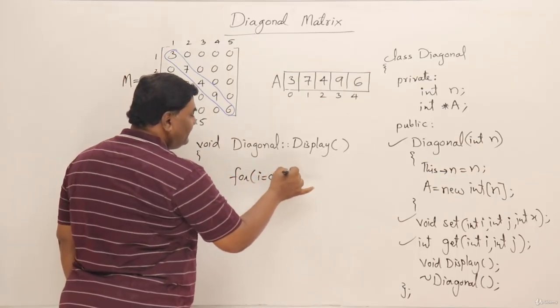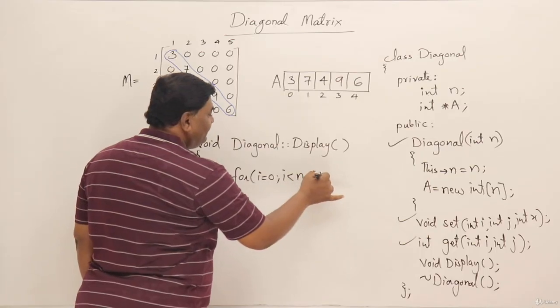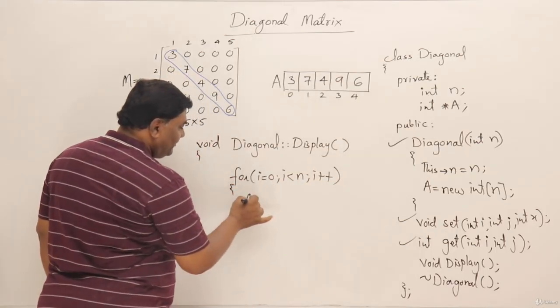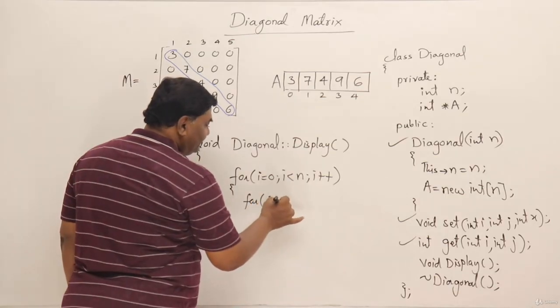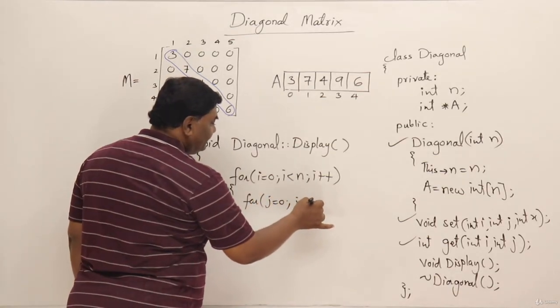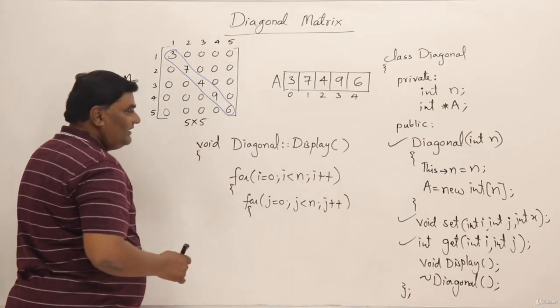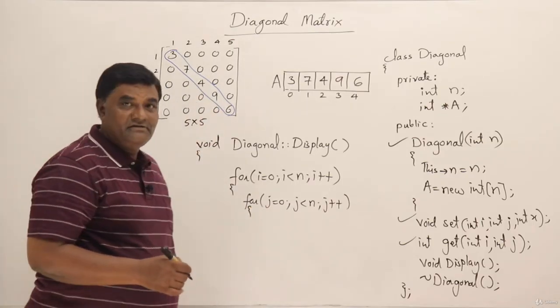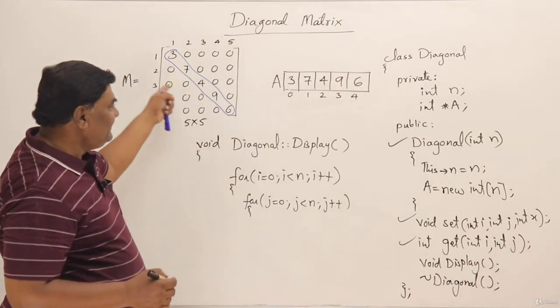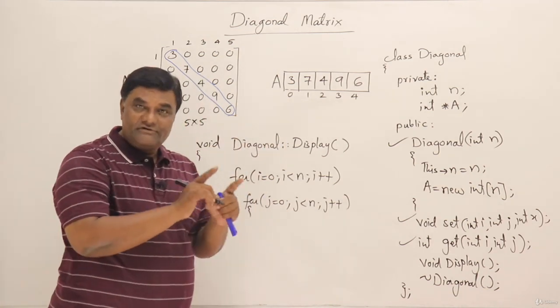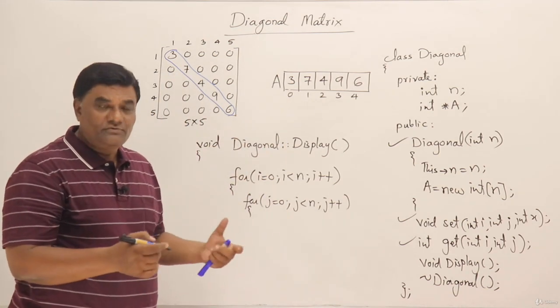For i assign 0, i is less than n, i plus plus. And for j assign 0, j is less than n, j plus plus. Then I have to display the elements. But how many elements do I have? Only diagonal elements are present in the array. So I should display the element if i is equal to j.